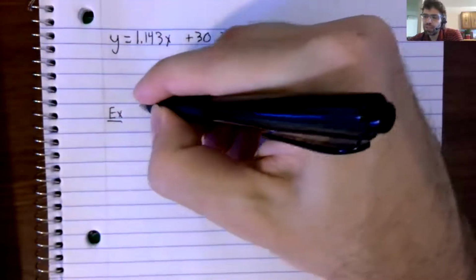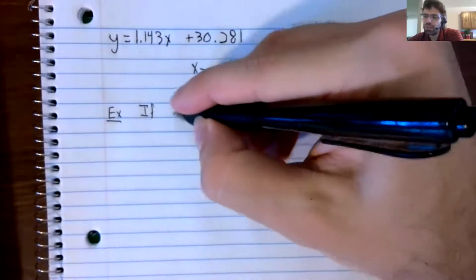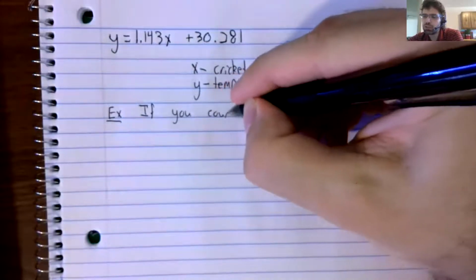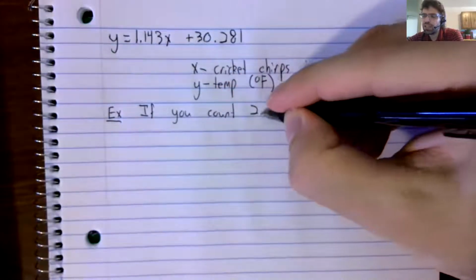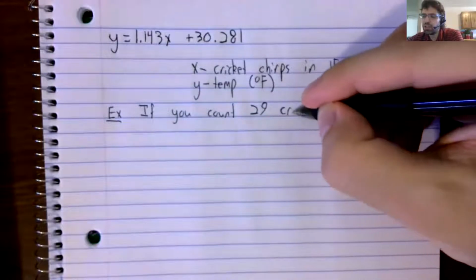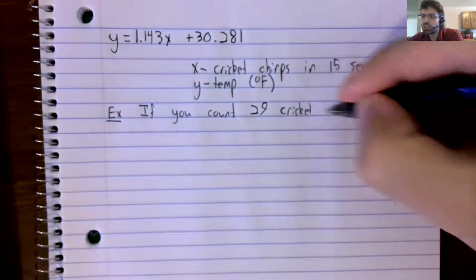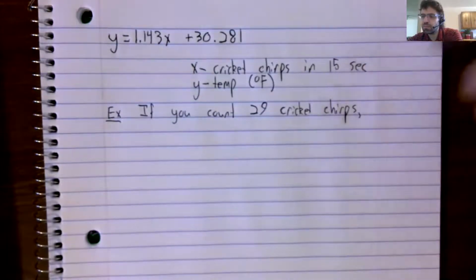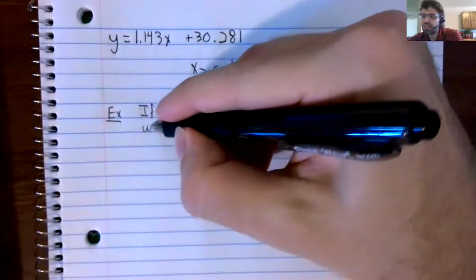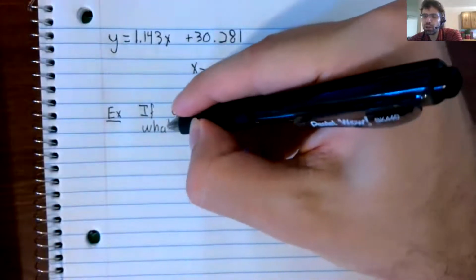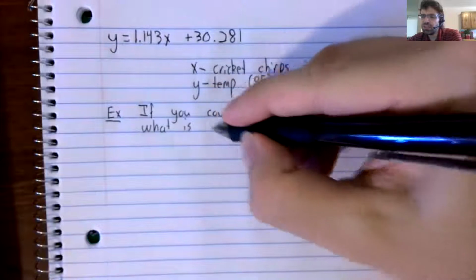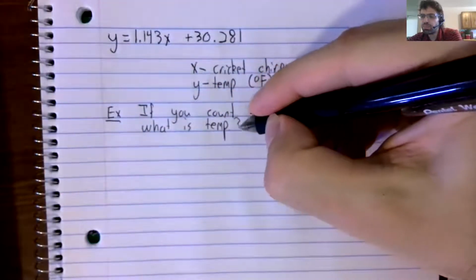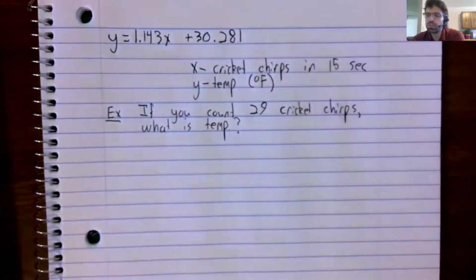Example: if you count 29 cricket chirps in a 15-second interval, what is the temperature?